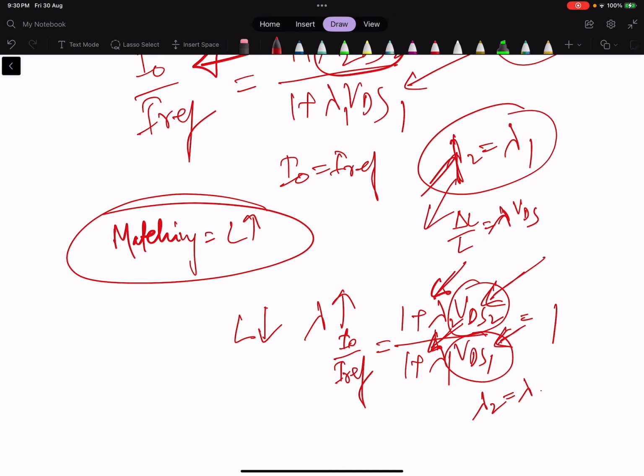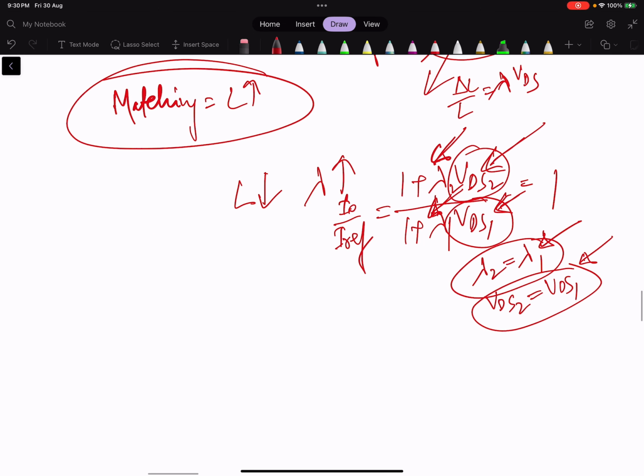it will never happen that lambda 2 is equal to lambda 1, first thing. And second thing, VDS2 will not always be equal to VDS1 because of the mismatch and other things. Okay, let me tell you one thing. VDS2 is a deterministic thing, we can decide it, but the lambda factor, L factor, random mismatch, all those things, to avoid all those things, we make this lambda very low.